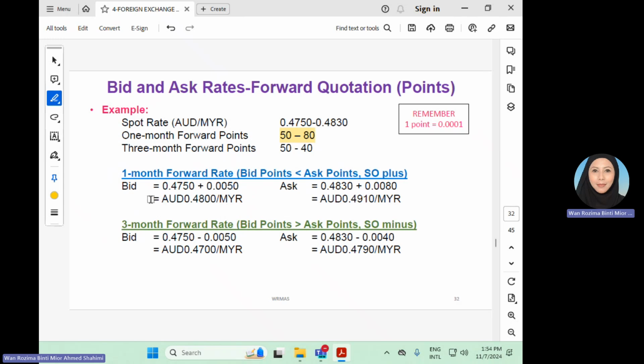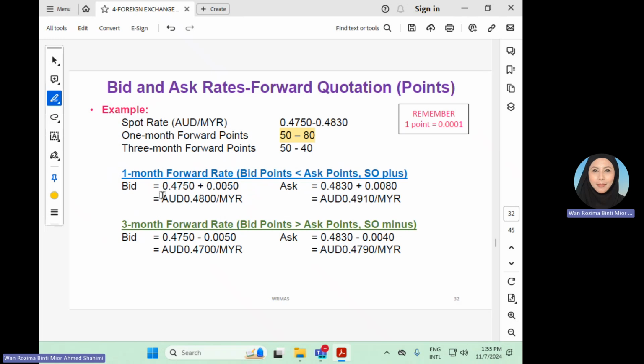Okay, so meaning to say that, this is the spot rate for bid 0.7950 plus 50 points. Remember, 1 point equals 0.0001. Now you have 50 points, so meaning to say 0.0050.